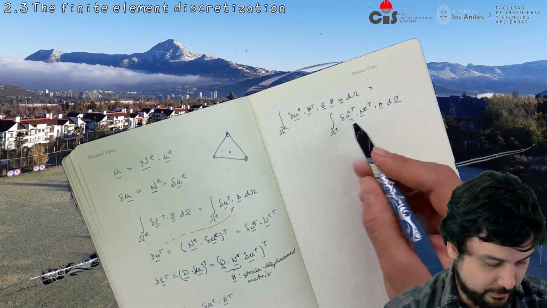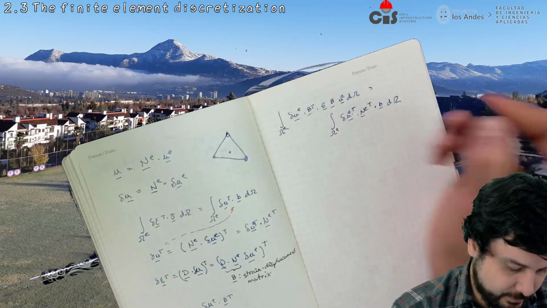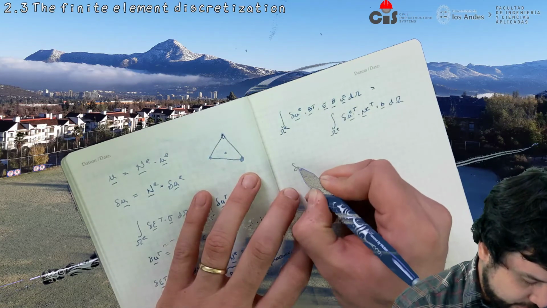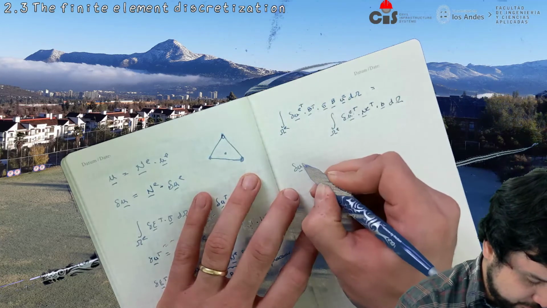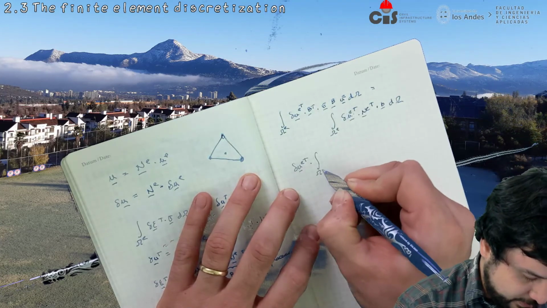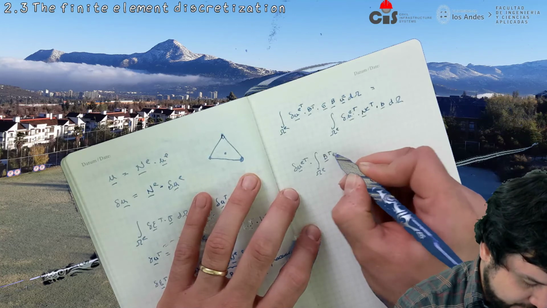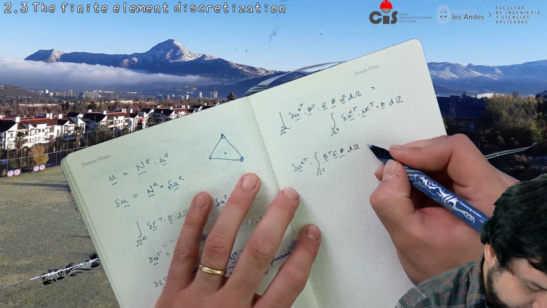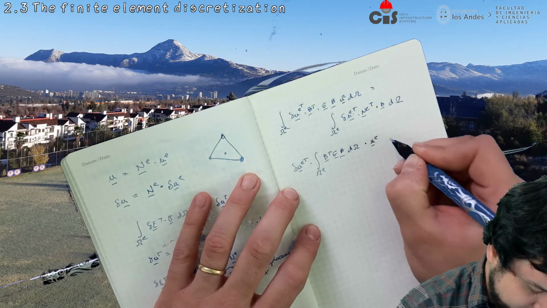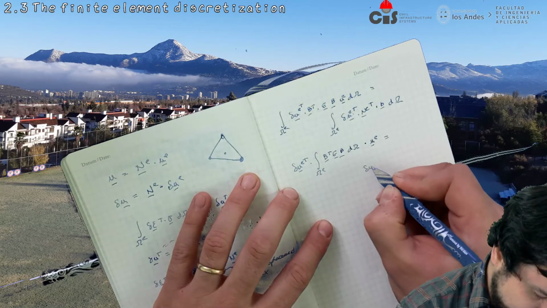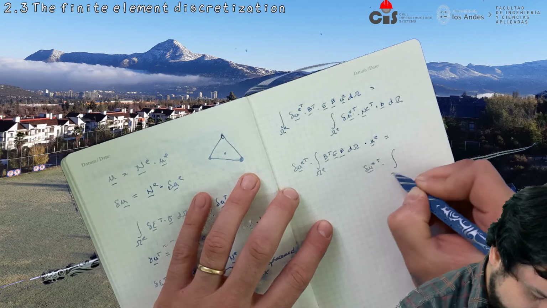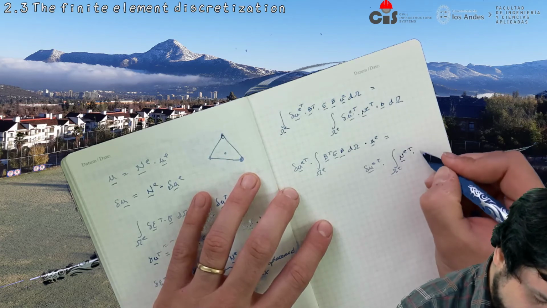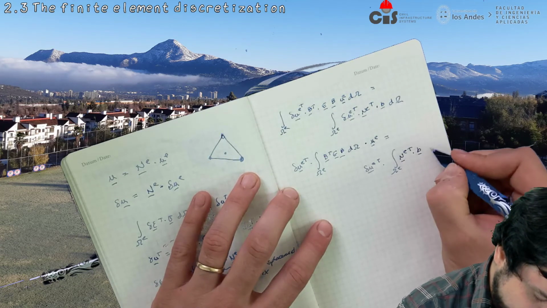So that means the UE over there can be taken out of the integral. So you get delta UE transpose integral over omega E of B transpose E B d omega, and multiply that by UE, has to be equal to delta UE transpose integral over omega E of NE transpose B d omega.